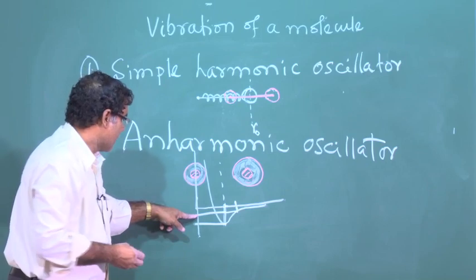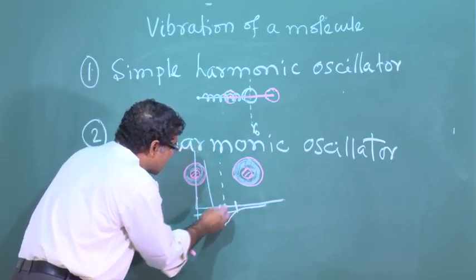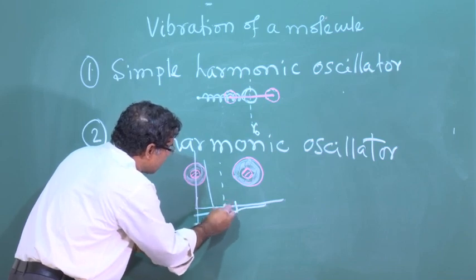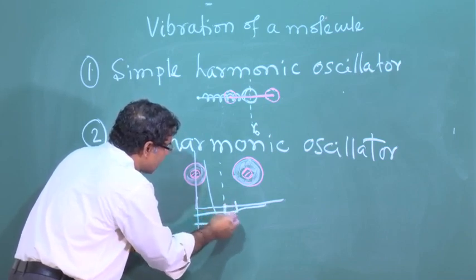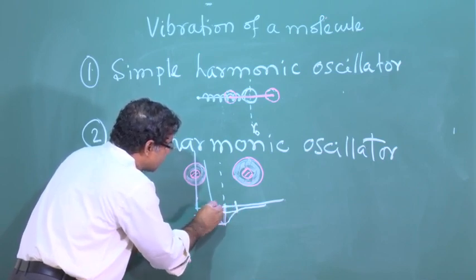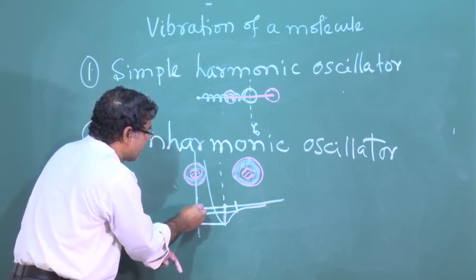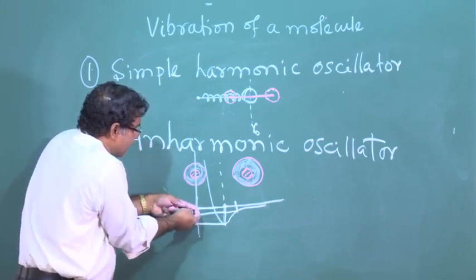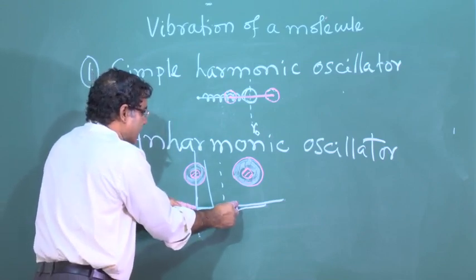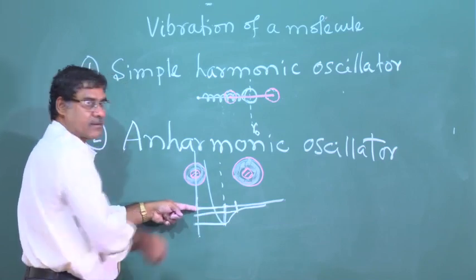Now if it is compressed by the same amount, its energy will be like this. So now its energy is higher for the same compression and same expansion. For compression this energy is higher.